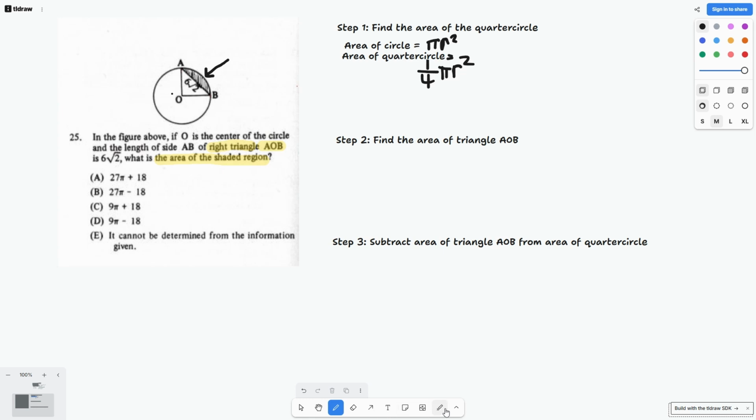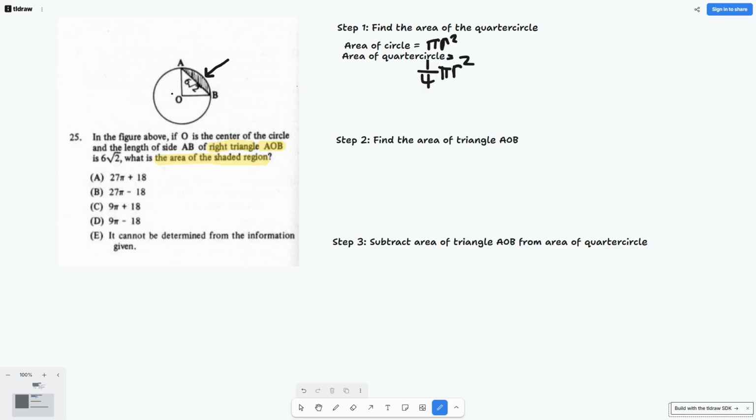But now that we've gone over this formula, we've now exposed a different issue here, which is that we don't know what the radius of the circle is. So before continuing with step 1, we actually need to take a little bit of a detour, and we're going to have to find the radius of the circle.